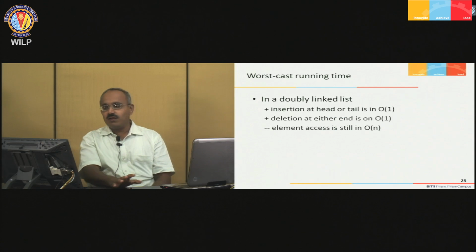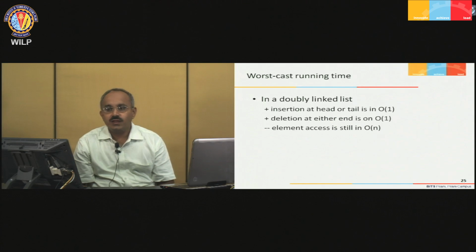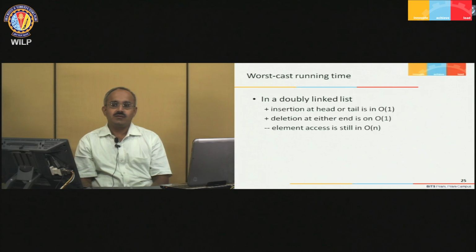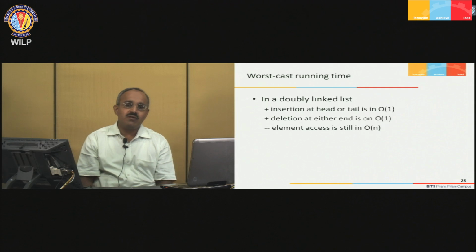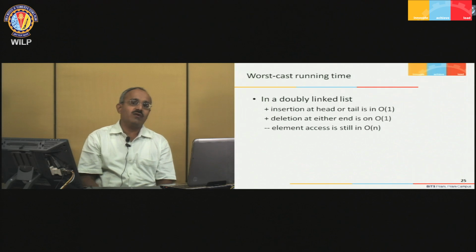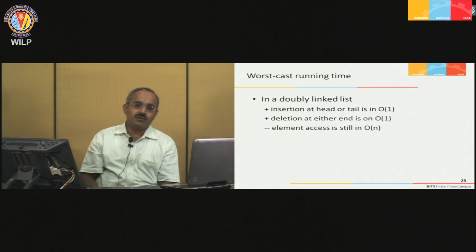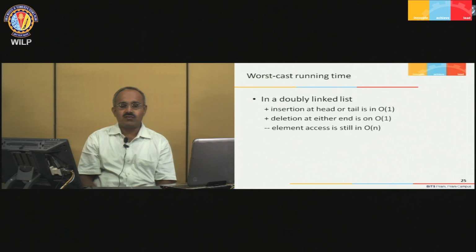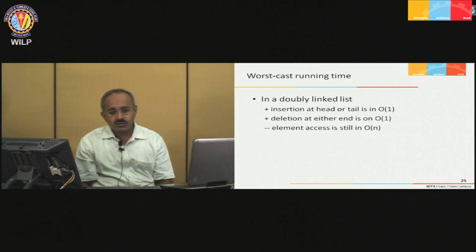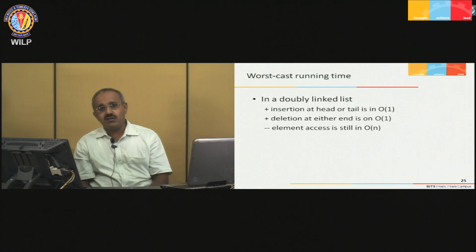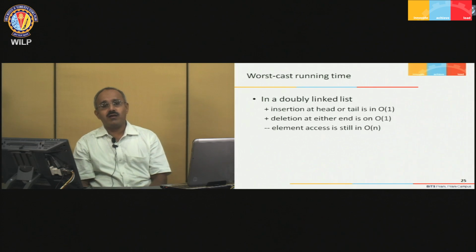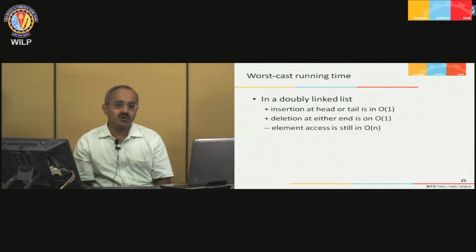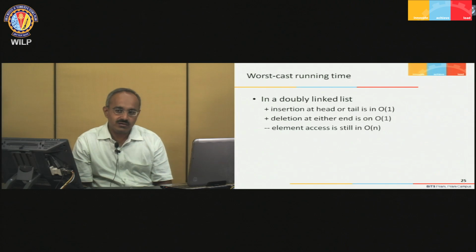So in a doubly linked list, insertion at head or tail is going to take a constant time. Insertion at any other point will take linear time. The linear time is needed because you have to traverse to that particular point and then do your pointer adjustments. As we see, linked lists are a good option when we have no idea beforehand about the problem size or the data that we are going to handle.